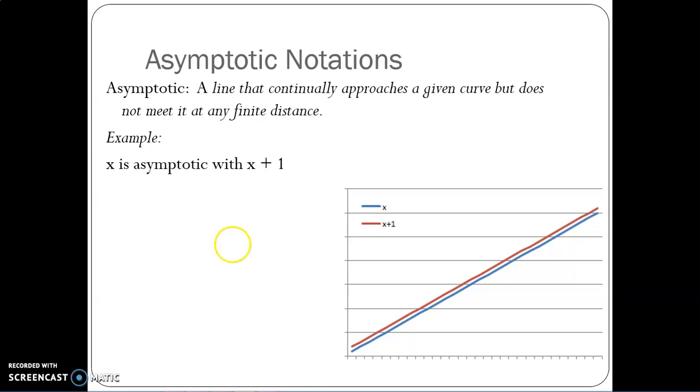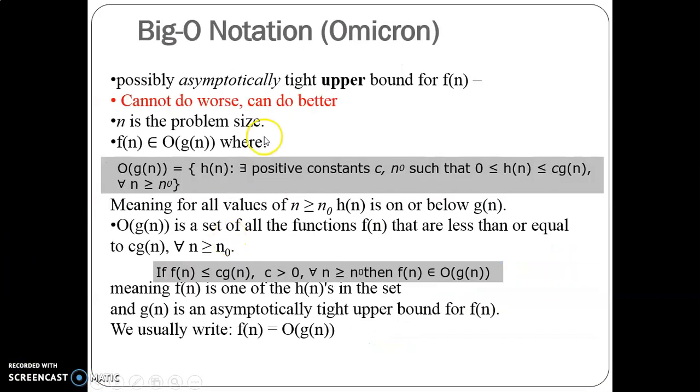So coming to the first asymptotic notation, there are three main asymptotic notations which we have to understand. One is the big O notation, second is omega notation, and the last is theta notation.